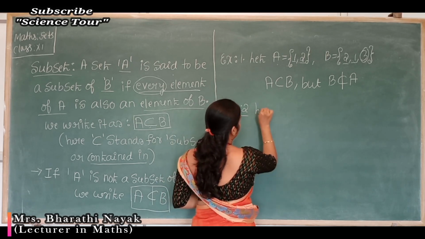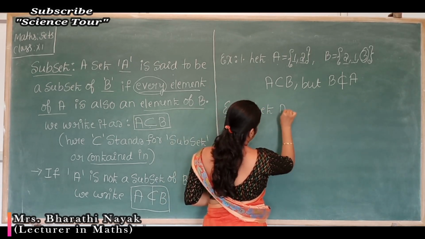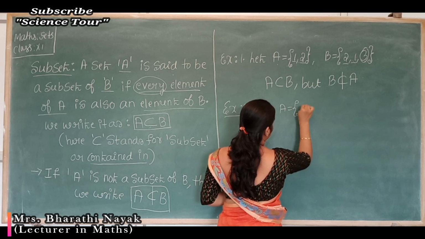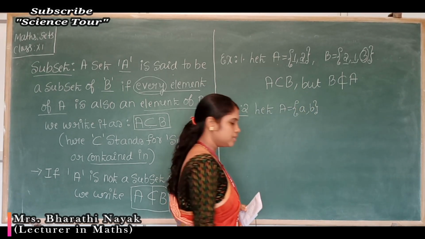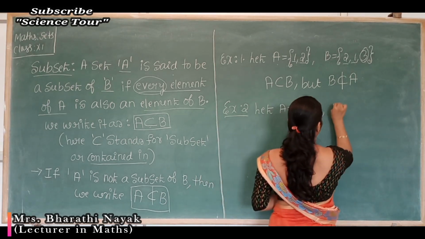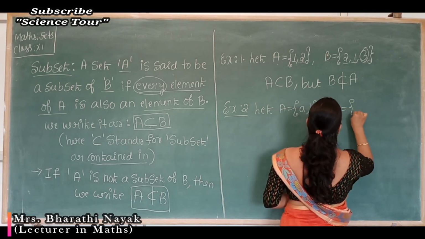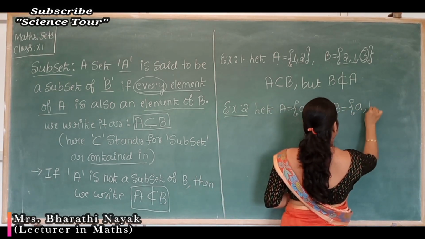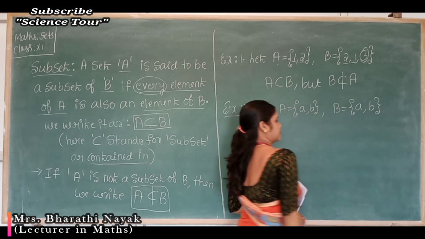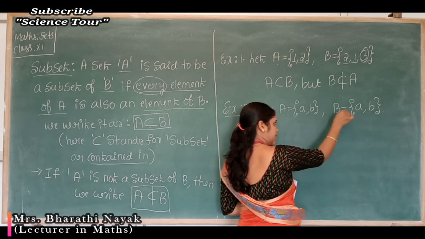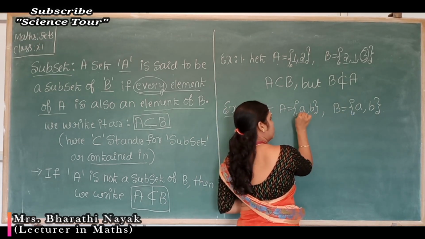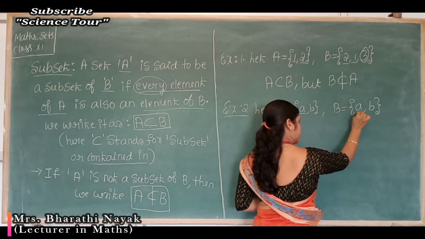Let A equal the set containing a, b, and set B is equal to the same thing, a, b. Now compare the elements of set A and set B. Element a, do you have that element a?